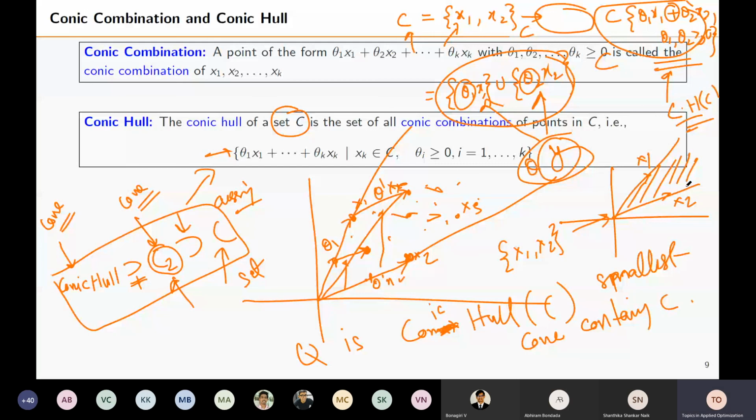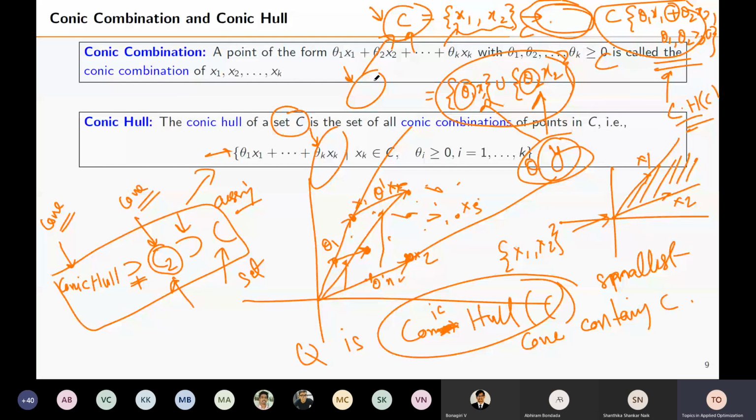If you want to do a convex hull of this, you cannot have a convex set lying in between a convex hull and the set C.